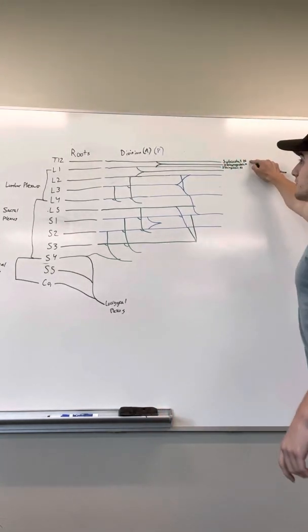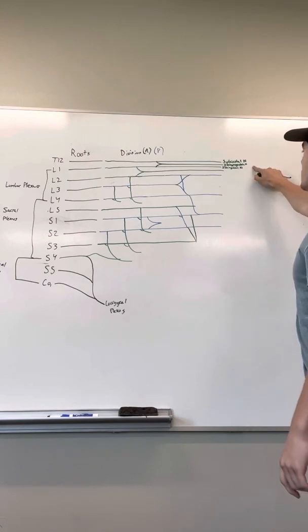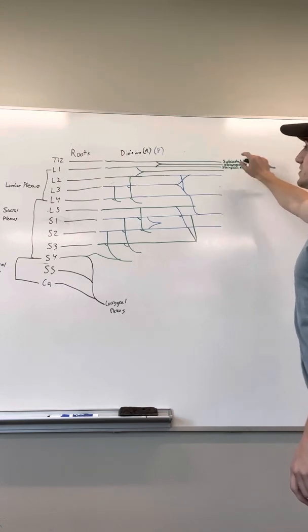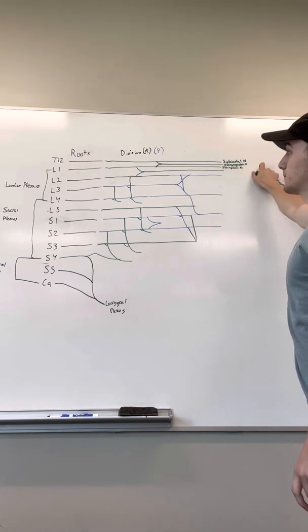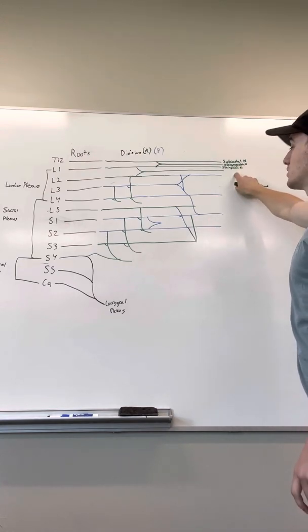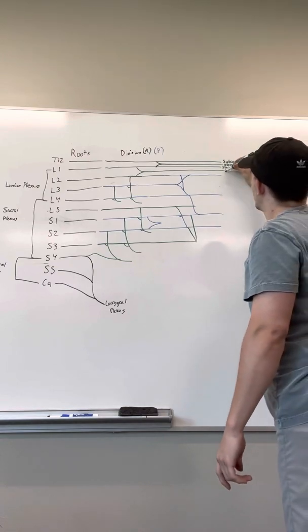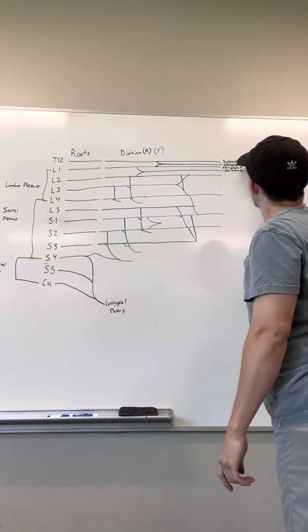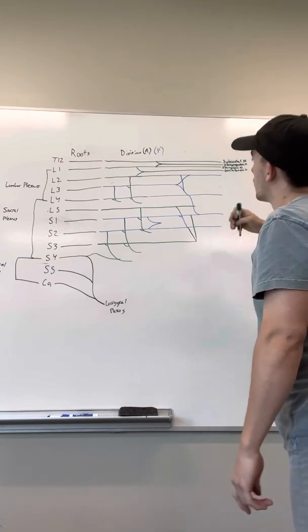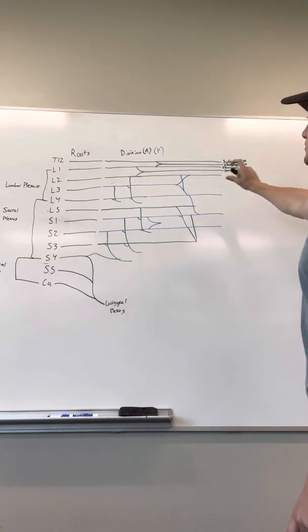So subcostal nerve for T12, ilio-hypogastric is both T12 and L1. Ilioinguinal is L1. And then the next one is the genitofemoral nerve, which makes up from L1 and L2.